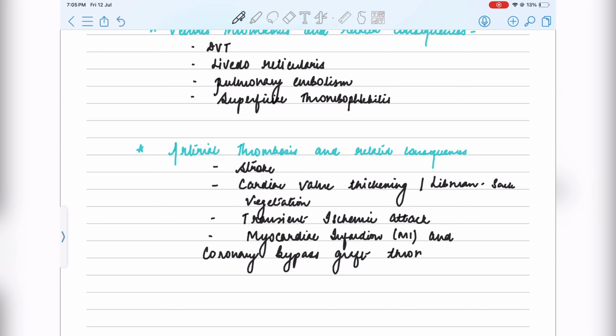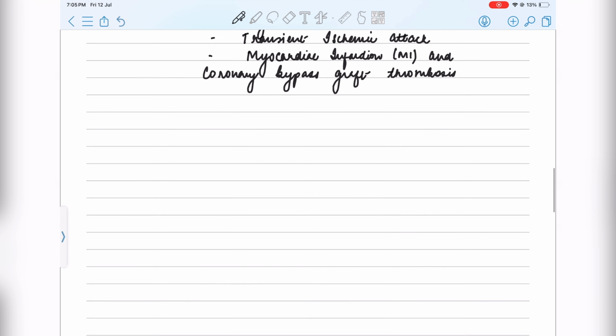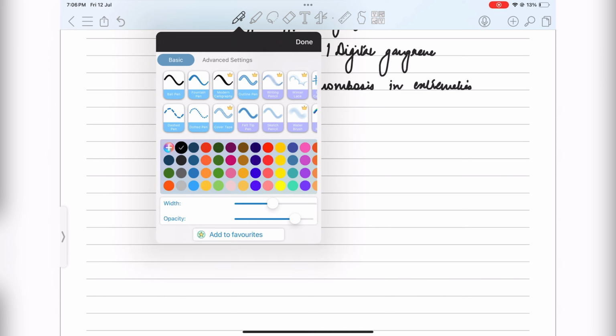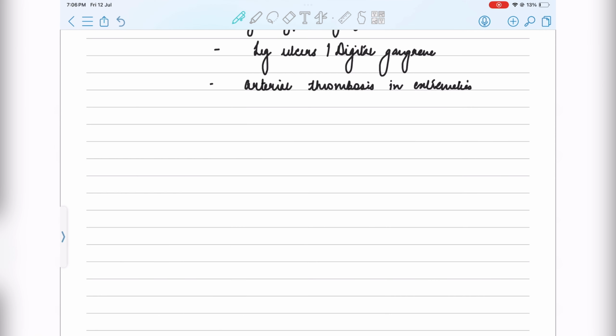Patient can present to us with myocardial infarction and coronary bypass graft thrombosis. Next up is leg ulcers or digital gangrene. So these are the important arterial manifestations. Arterial thrombosis in extremities.